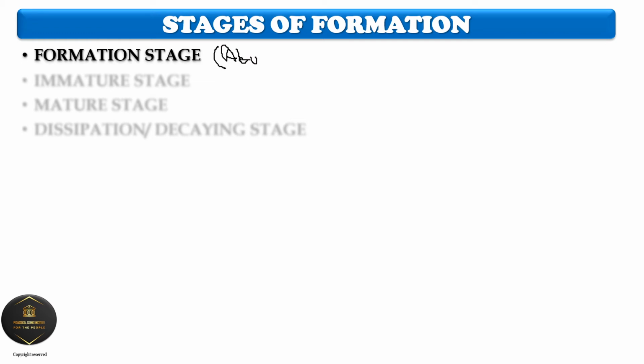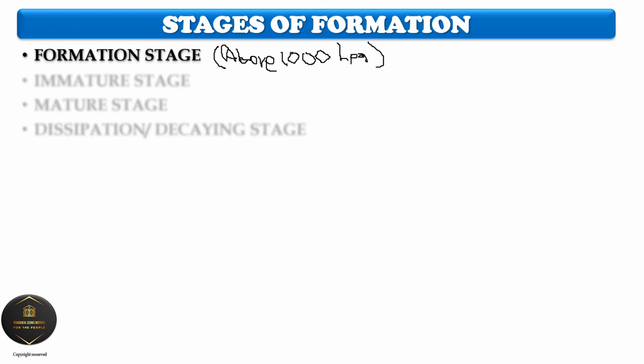So our pressure will be above 1000 hectopascals, because that is before the system matures, or fully develops. So your pressure is above 1000 hectopascals. Yeah, so that's what you have in the formation stage. So let's just leave it there.